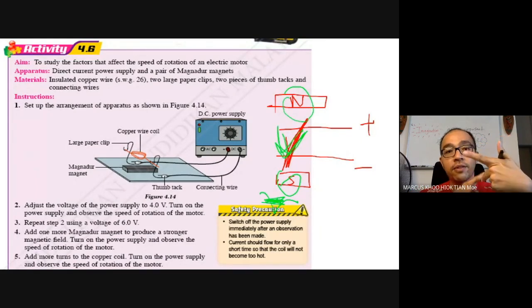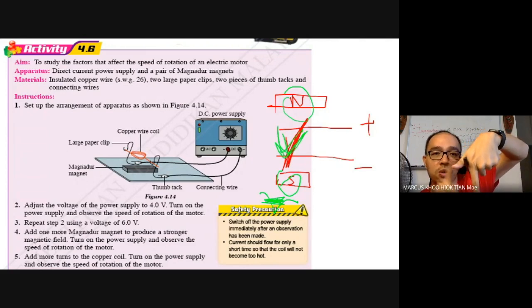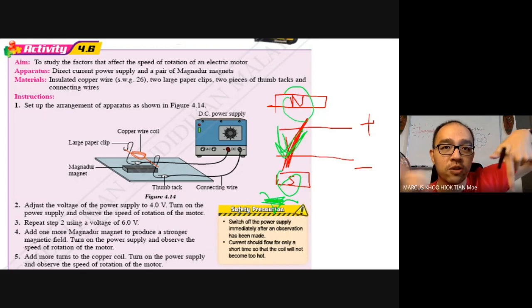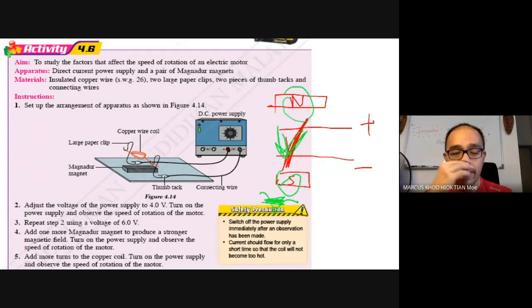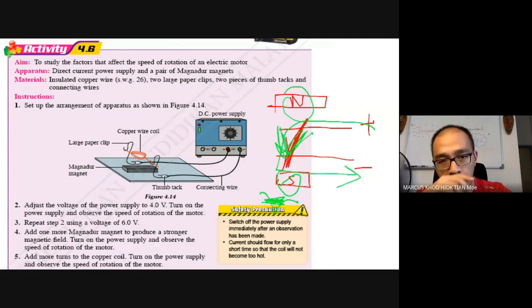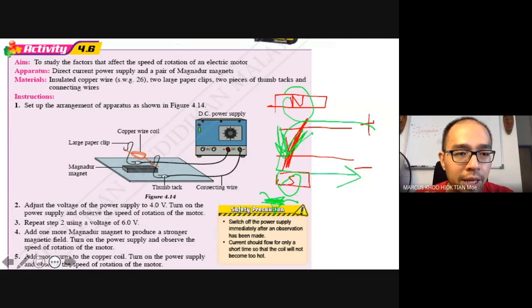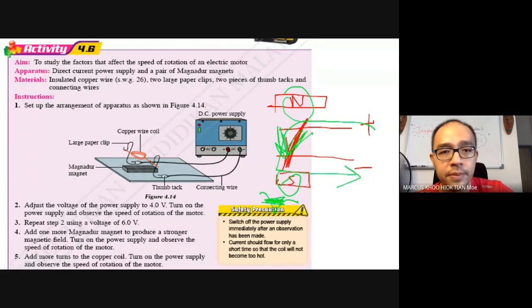Third finger, flowing towards you. North to south is this way. So the force will actually be towards the right. Sorry, I'm mirroring, but the current is coming towards you, because from positive it goes to negative, so this way. So we find that, but anyway, thank you for trying. So we find that over here, the copper rod is going to move to the right.